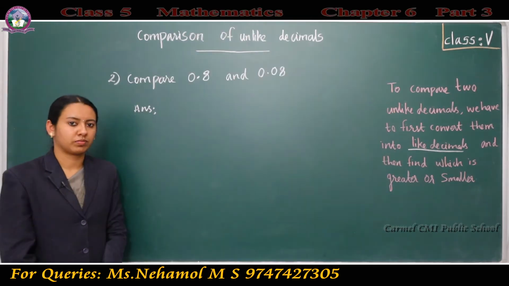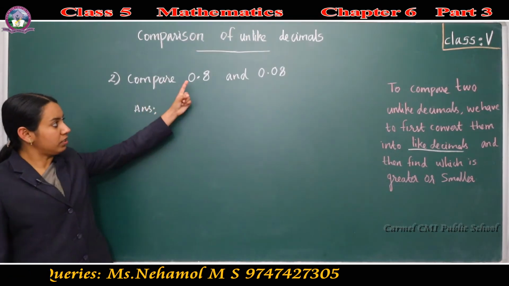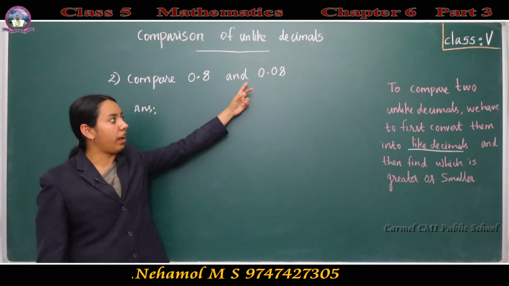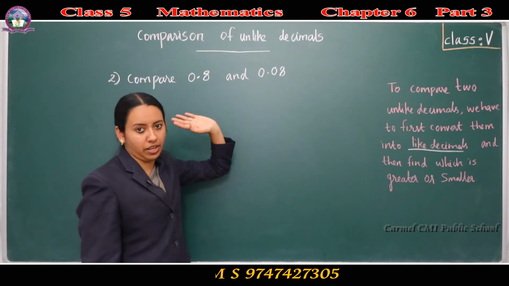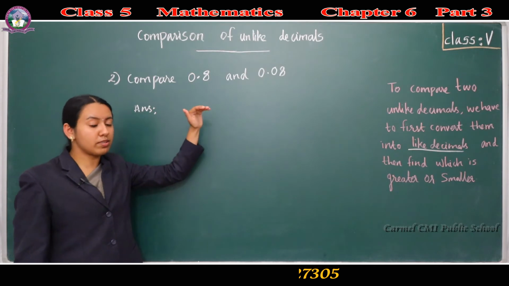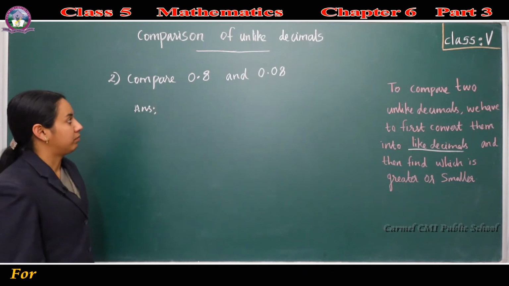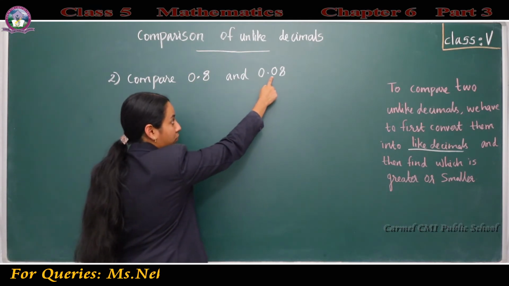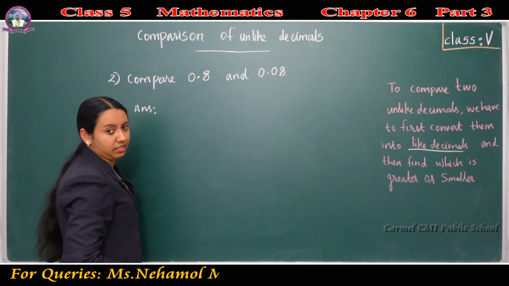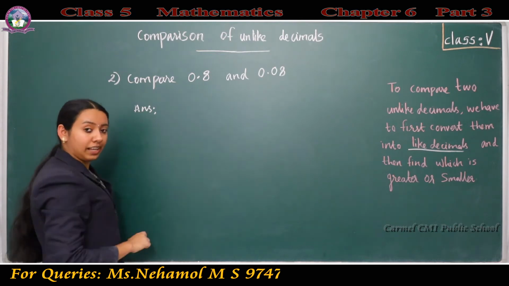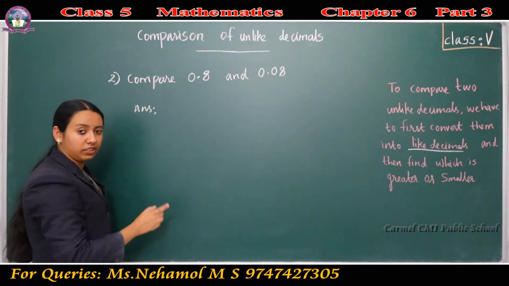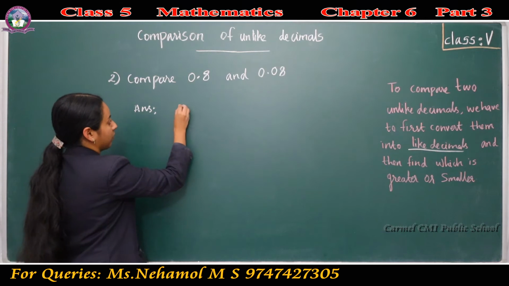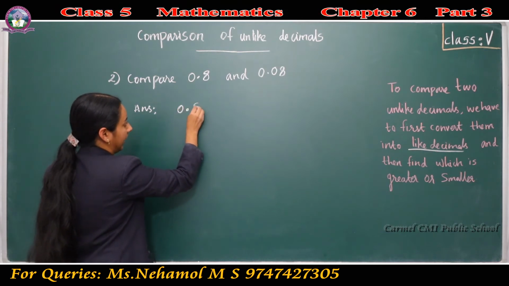Which one is greater? 3.3. Second question. Compare 0.8 and 0.08. We have to find which one is greater. Here is only one decimal place and in the second number 2 decimal places are there. Both are unlike decimals, so we have to convert them to like decimals. First number 0.8.